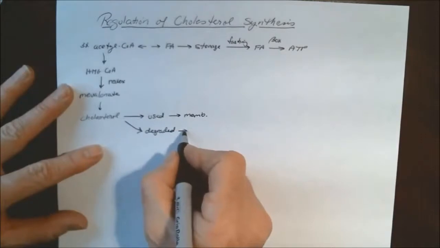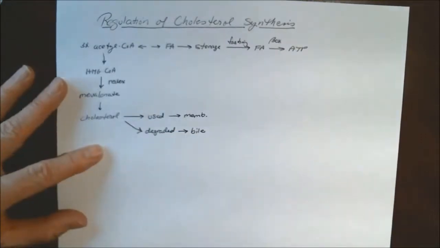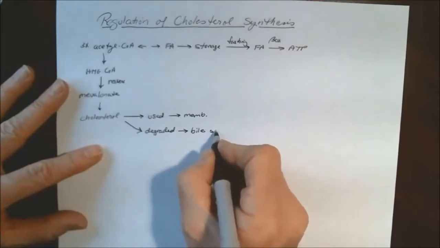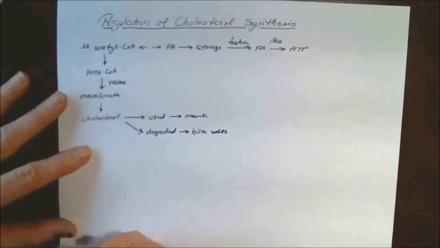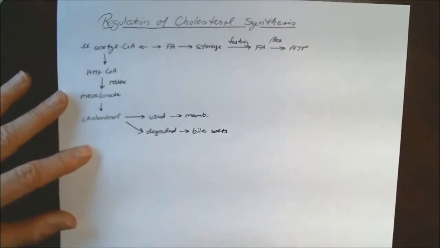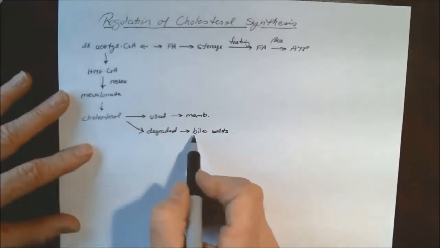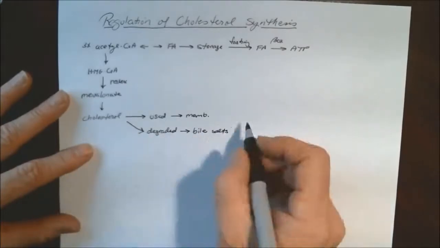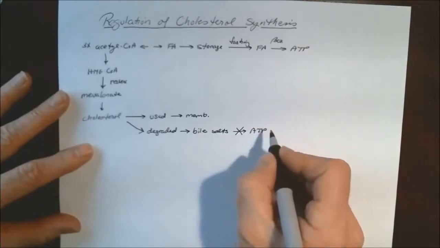And the degradation of this is to convert this into bile salts, and these are used for emulsification of lipids, but the energy put into the cholesterol, into the bile salts, these are not recovered for energy. There is no energy harvested.